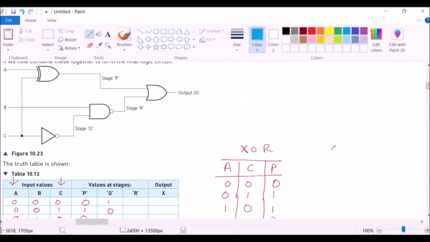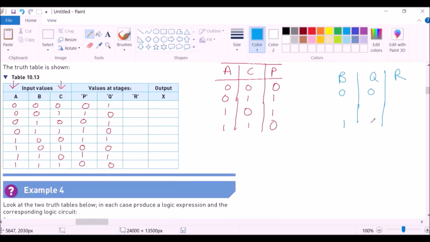Now for our output R, we take the logic of a NAND gate, and our inputs are B and Q, and the output is R. So our inputs can start from 0, 0 to 1, 1.